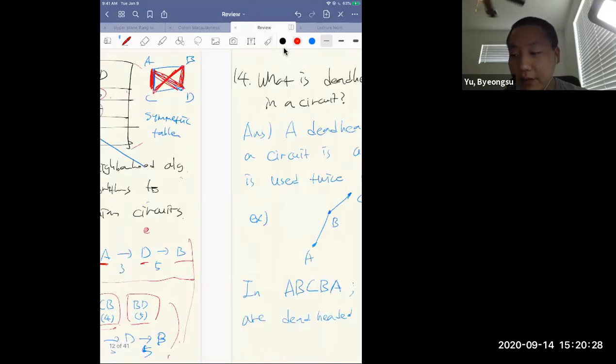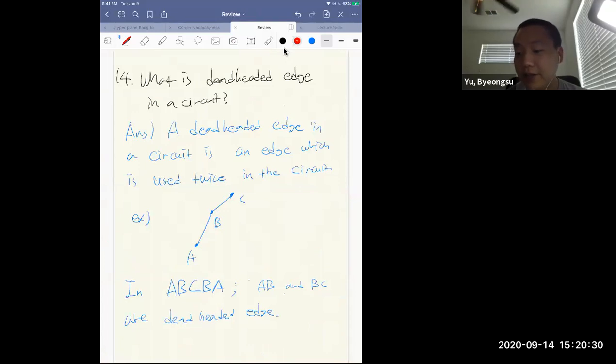Okay, great. The next one is about the meaning of a dead-headed edge in a circuit. A dead-headed edge in a circuit is an edge which is used twice in the circuit, right?